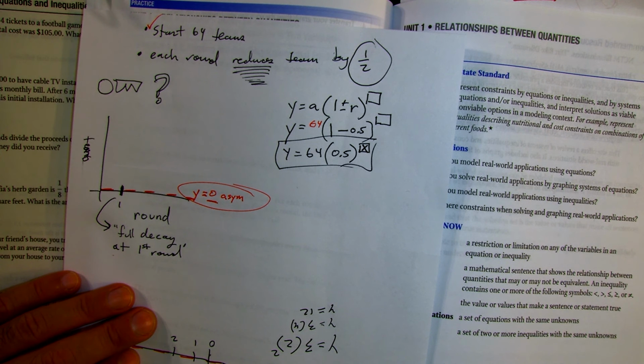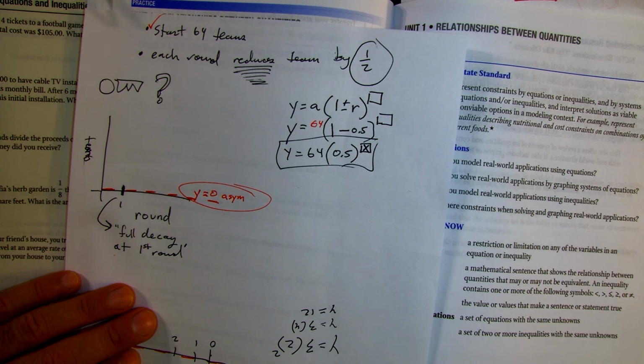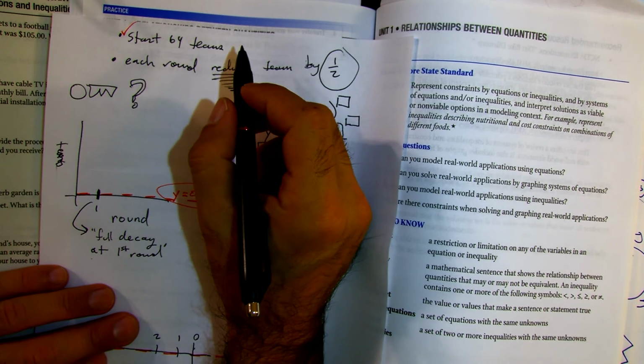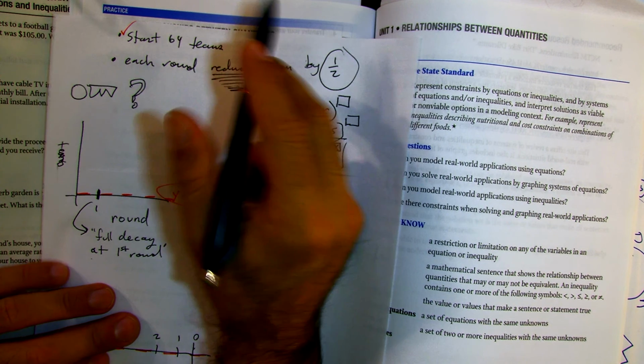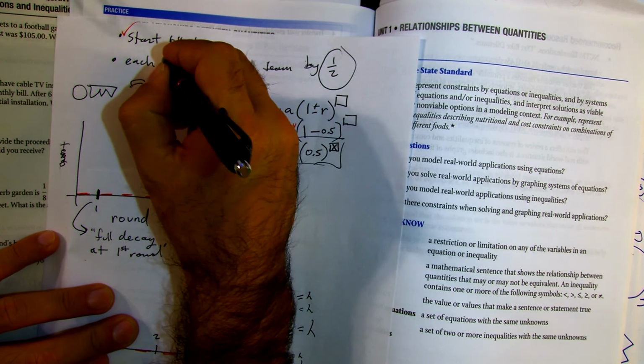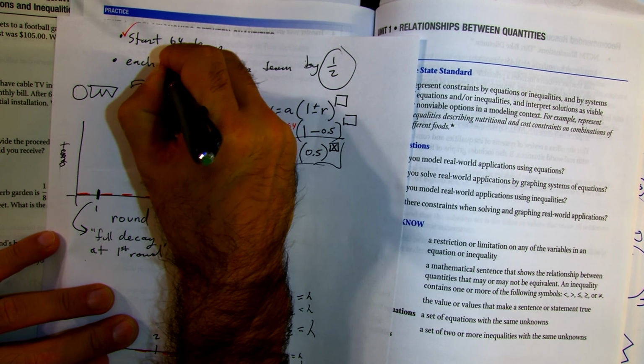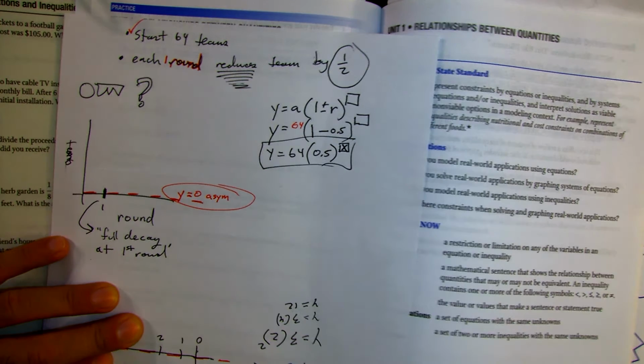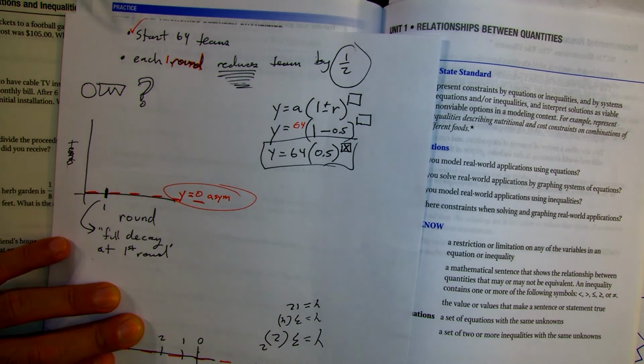Okay. Why would it be 2x? Or why wouldn't it be? Okay, how about this? Because it says each round, so each one round, right? Each round. So whatever sport you play, right?